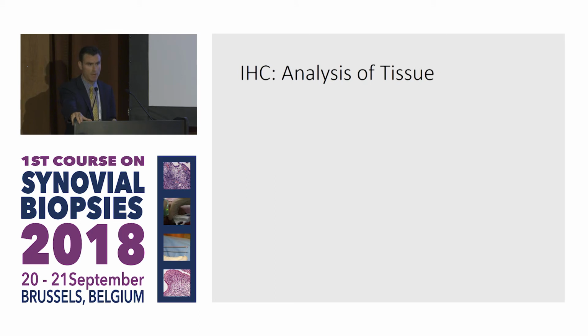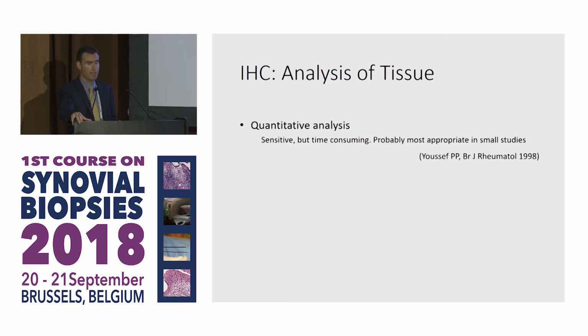Immunohistochemistry, there's a number of different ways that the tissue can be scored. A quantitative analysis implies choosing a high power field of whatever magnification, we'd have to be consistent about it, and then manually counting the cells that are stained. It's very sensitive, but it's extremely time consuming and probably most appropriate for small studies.